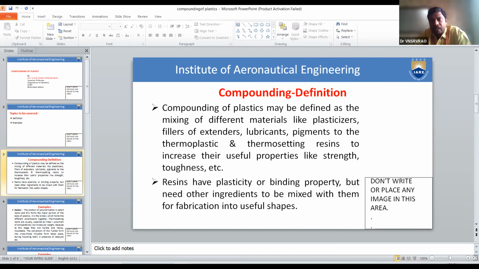Whereas the thermosetting resins are stiff on heating and further there is no change on cooling. So those are called thermosetting resins. And in the case of thermosetting, no remolding is possible because of the cross-linked chain.